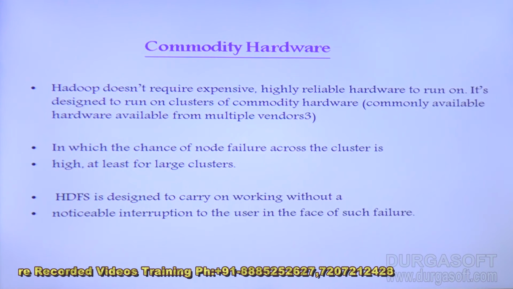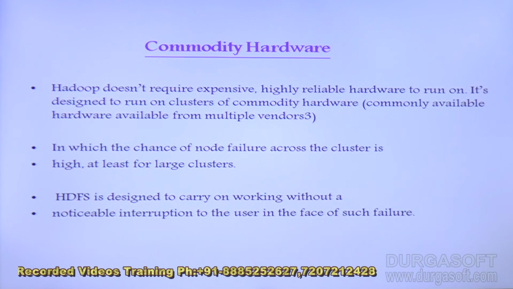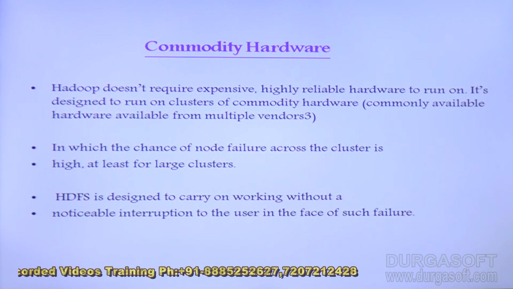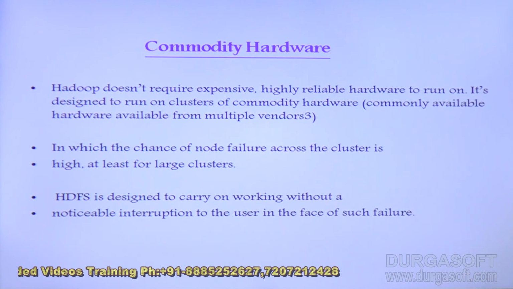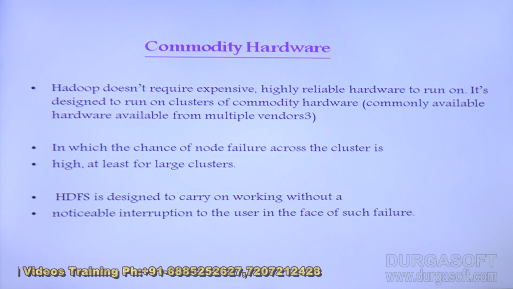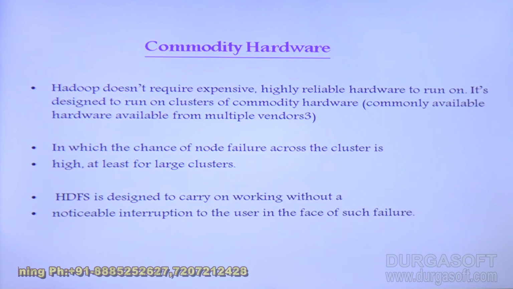Here again there is a condition. When I say commodity doesn't require expensive hardware, it is not for the entire cluster. When we talk about the HDFS architecture, we will be talking about the name node, the secondary name node, and the job tracker.